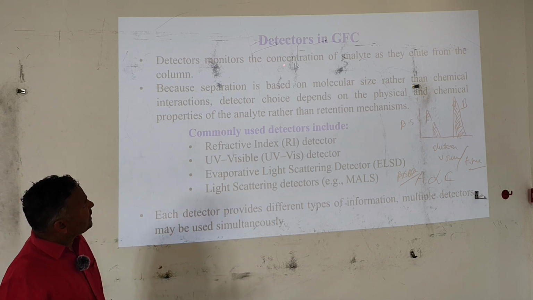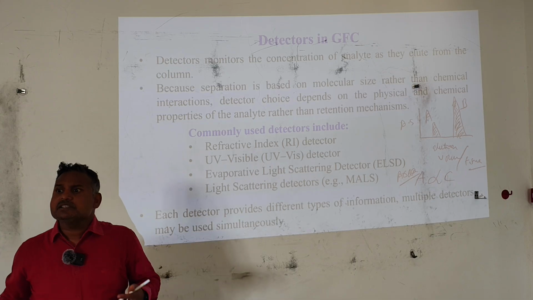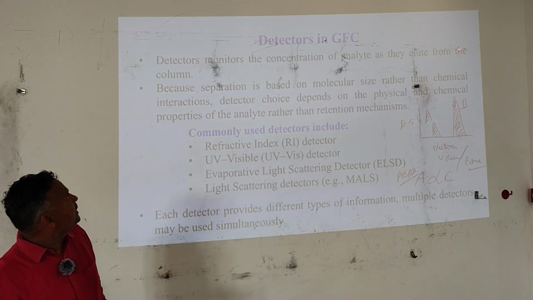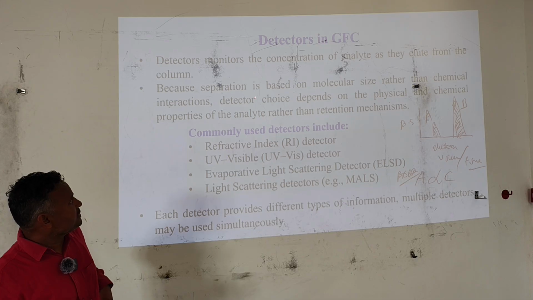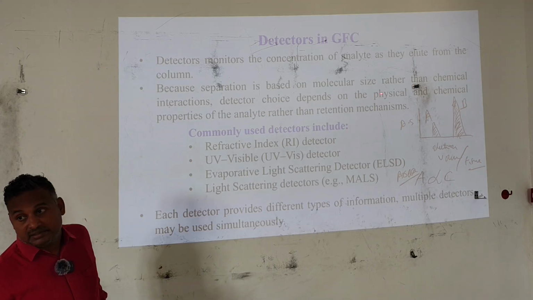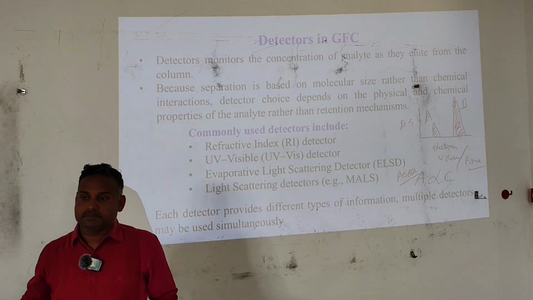So detectors monitor the concentration of analyte. Concentration of analyte means it is quantitative analysis as they elute from the column. Because the separation is based on the molecular size rather than chemical interactions, detector choice depends on the physical and chemical properties of the analyte rather than retention mechanisms.